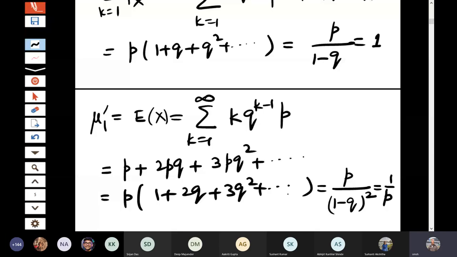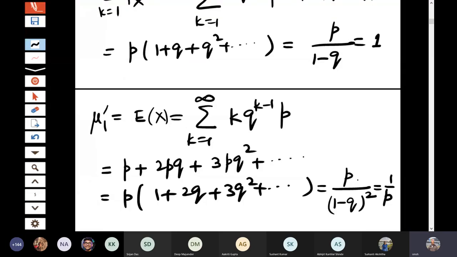Are you familiar with this sum? Yes, sir. Now you try to look at the interpretation of this one. We are saying that in the Bernoullian trial, the probability of success is p. Then what is the expected number of trials needed to get the first success?